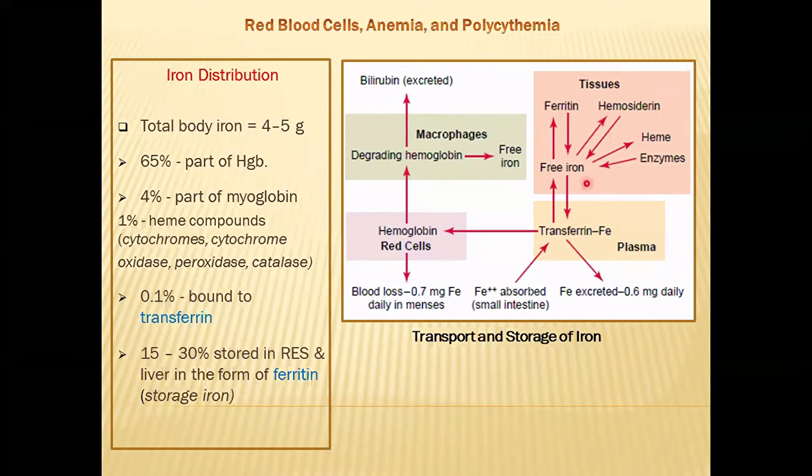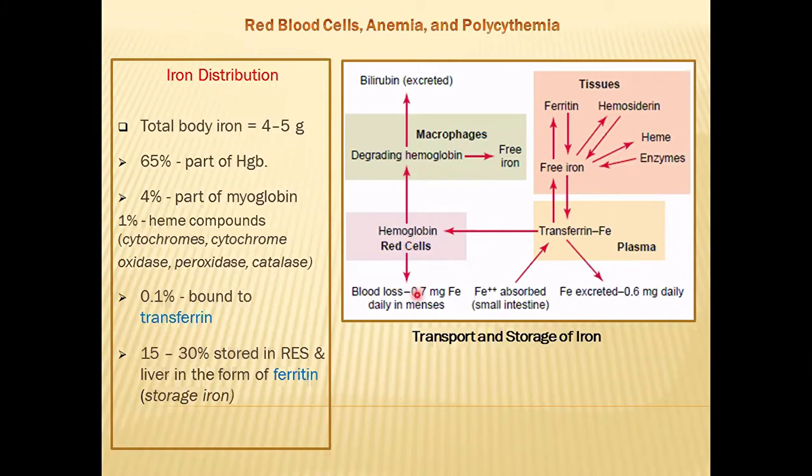And then others become transferrin. 0.1% of that becomes transferrin and found in the plasma. Okay, so we excrete about 0.6 milligram daily of iron, and the absorption is in the small intestine, and then blood loss of about 0.7 milligram iron daily in the menses, if in females.